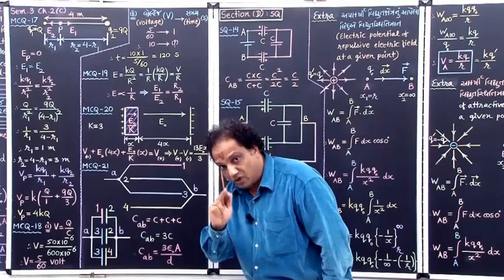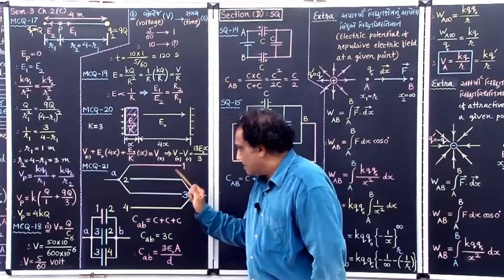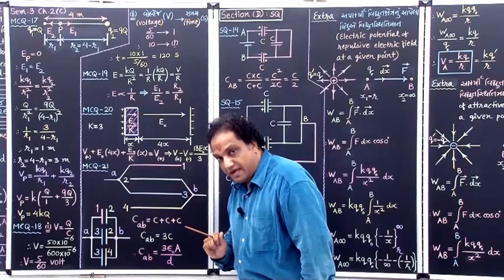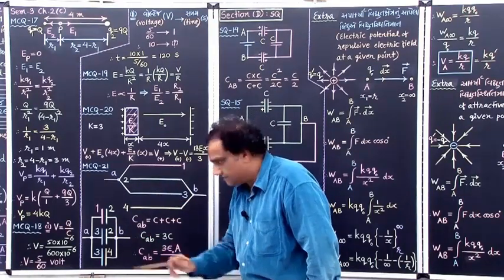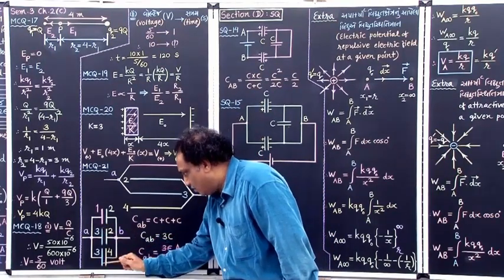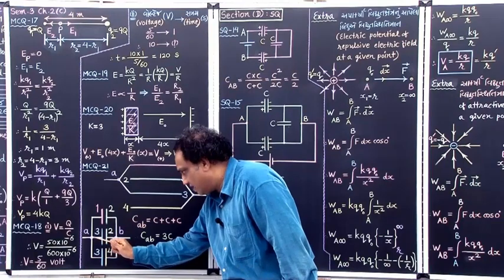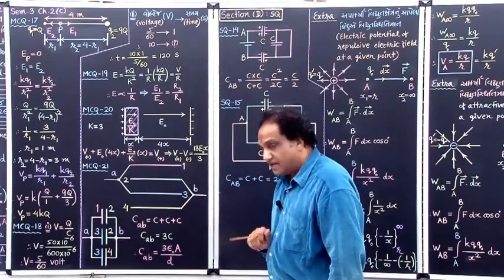Correct? One more thing. At point A, how many plates are connected? Plate number 1 is connected with point A and both the faces of plate number 3. Just check it here. At point B, what is connected here?